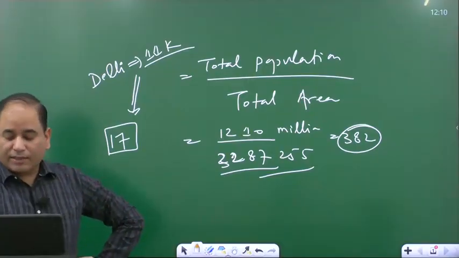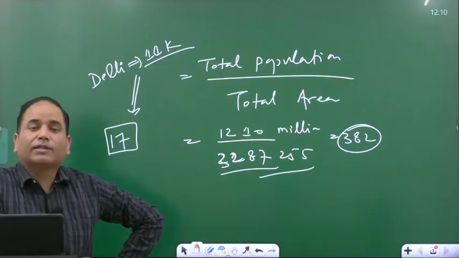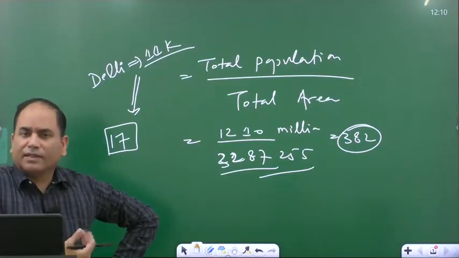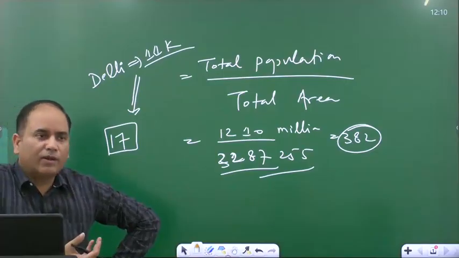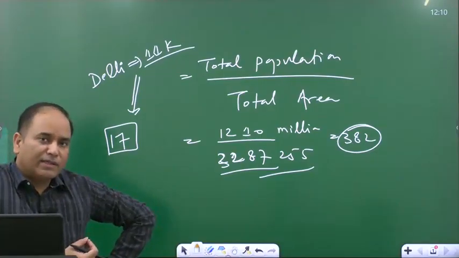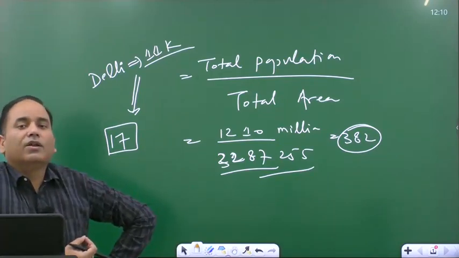As far as the world is concerned, like in India, throughout the world also the population density is not uniform. Because the population distribution is not uniform, the density will not be uniform. In some areas you will find very high population density, but in the majority of the area you will find population density is very low.